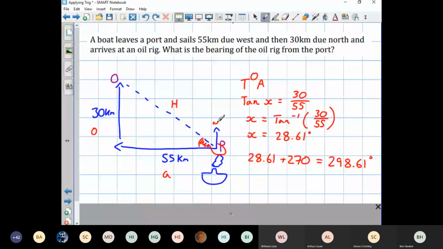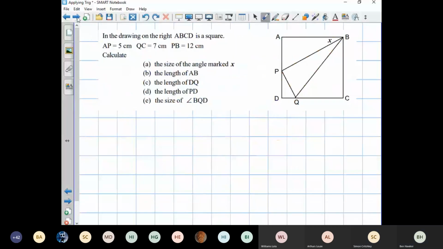Good, well done. Okay, so those are the kind of worded questions where we have to visualize what we're looking at, create our triangles. But now we're going to look at some questions where we are given some shapes and we have to apply trigonometry and maybe Pythagoras in order to find this value.